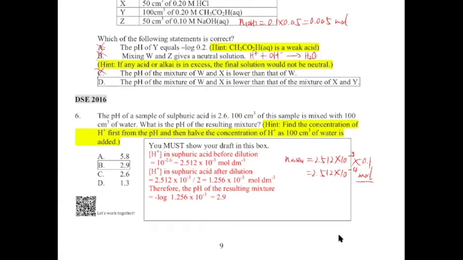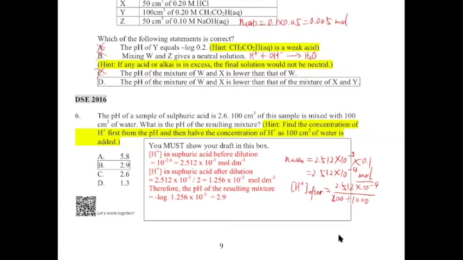So the concentration after just becomes 2.512 times 10 to the power of minus 4 divided by 200, because 100 plus 100 is 200, and then divided by 1,000. So it will be equivalent to this one.